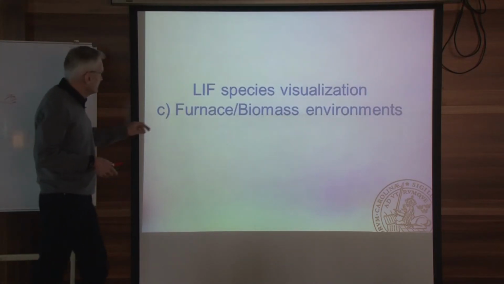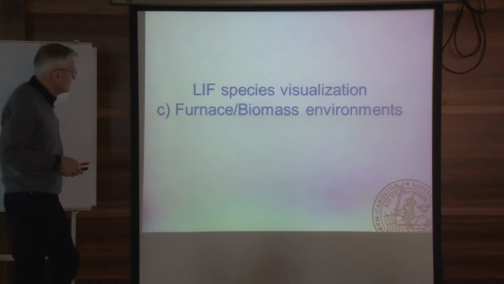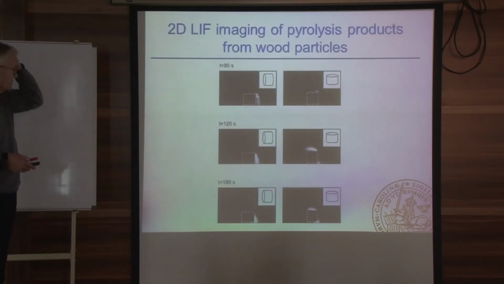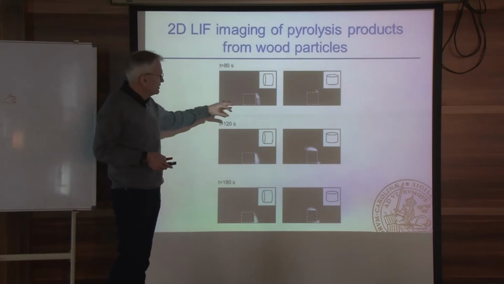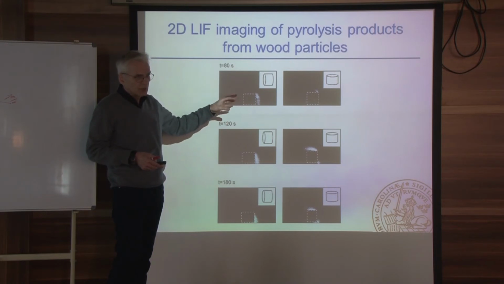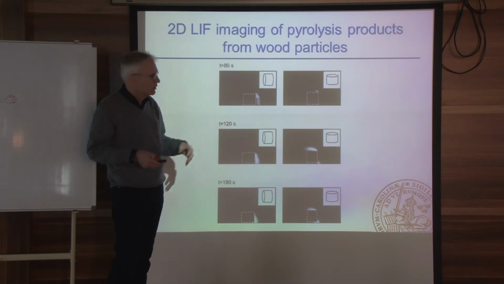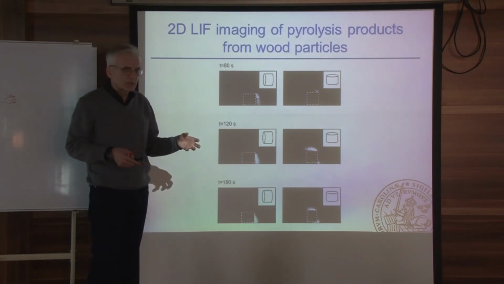Okay, so now a little bit on furnace biomass environment. I don't know how it is here in Iran, but in Sweden and Scandinavia, there's big pressure on how to use biomass, and especially wood particles, straw dust and things like that. So we have investigated a little bit also on pyrolysis and gasification.